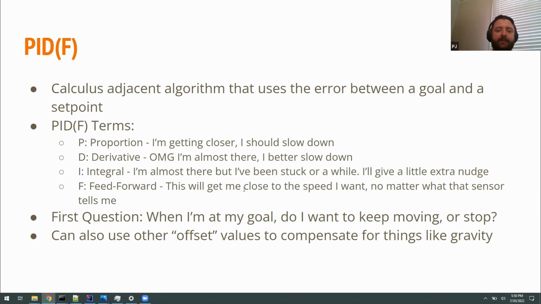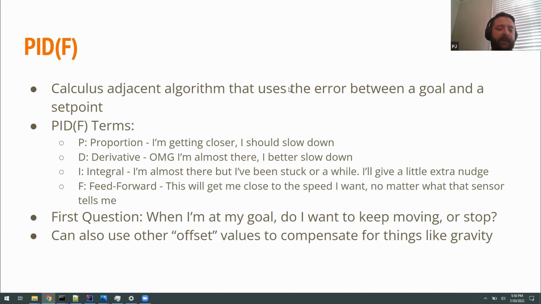And that's what we call feed forward. As opposed to doing feedback and reading an encoder, feed forward just takes our goal and multiplies it by KF, and that'll give us a baseline for how we should move.